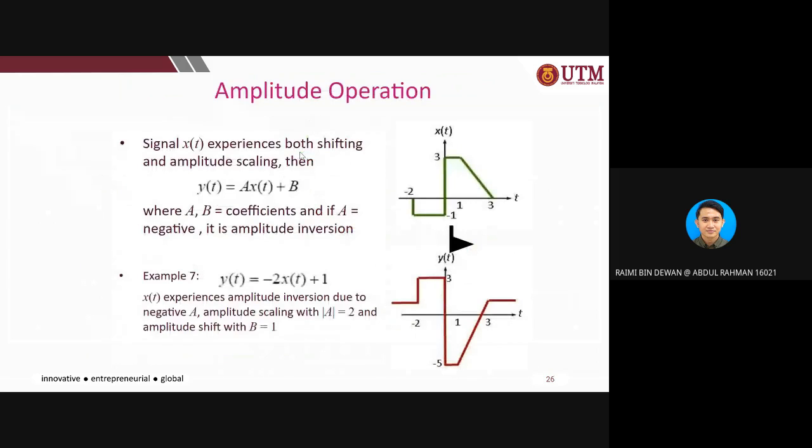Now we go to the next one, which is the amplitude operation. What does amplitude operation mean? It means that there are changes in your amplitude. Simple. Like in time, which can be inverse, shift, or scaling, in the amplitude you will have the same things happen to your signals, but on your vertical axis, which is your amplitude.